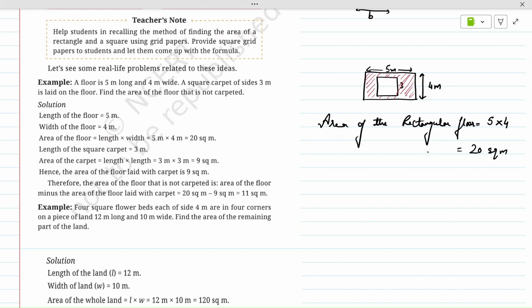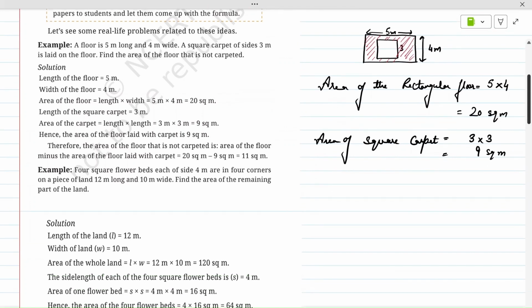This is the area of the rectangular floor. Now next we have to find the area of the square carpet. Since it's a square, what is the formula for the area of a square? That is side square. That means 3 into 3, which will give us 9 square meters. This is the area occupied by the carpet.